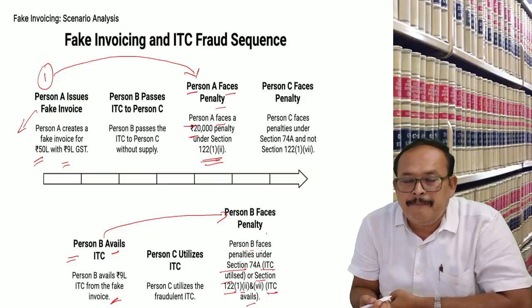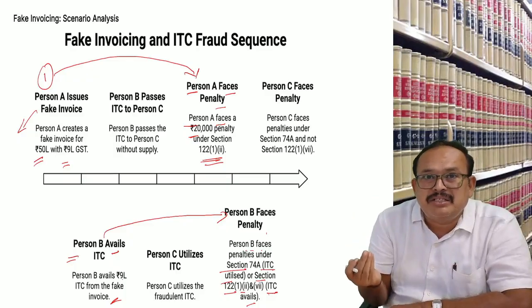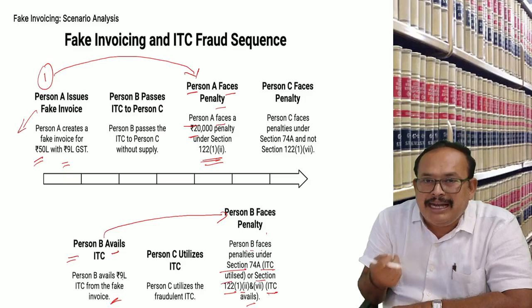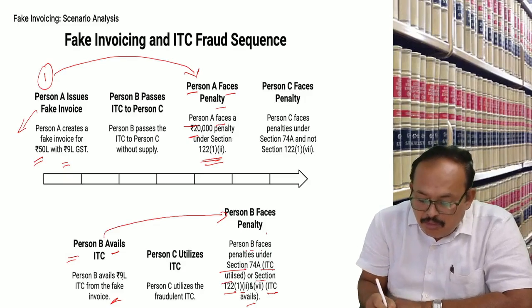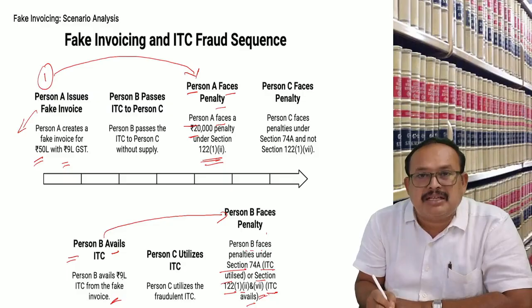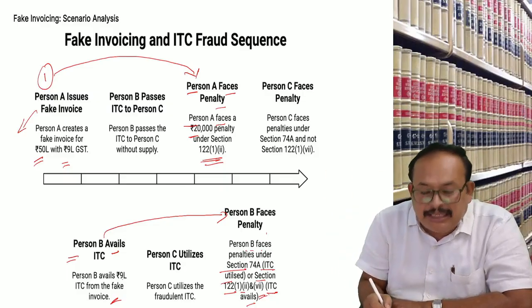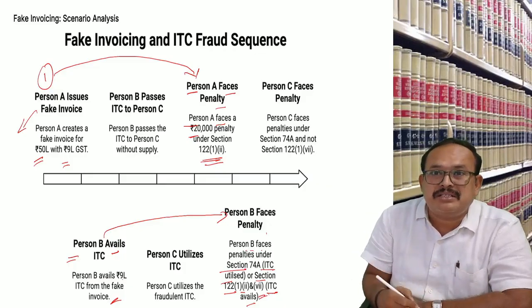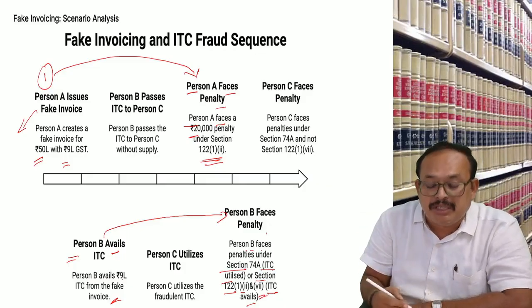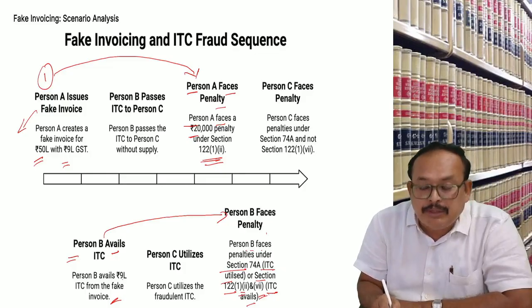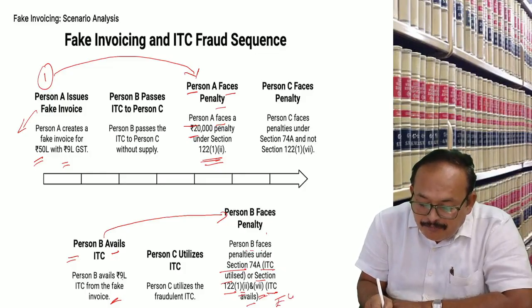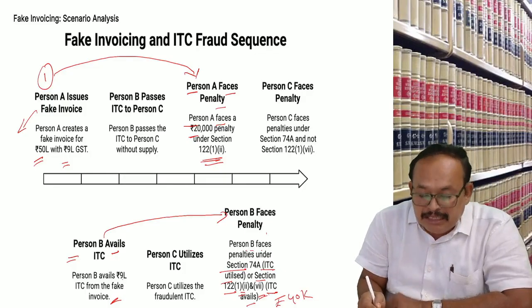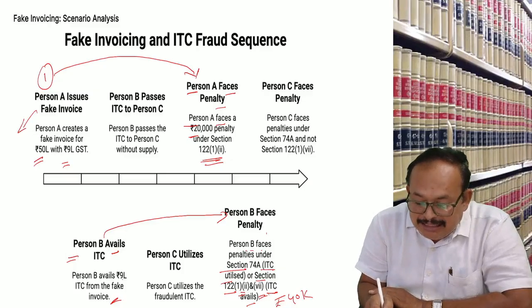Is it clear? And he issues that invoice to somebody else. You get the point? ITC wrongly availed, 122(1) clause 7. Issue of invoice to C. B issues to C. Therefore it is an offense, without supply of goods. 122(1) clause 2. Maximum how much? 40,000. If 74A comes, it disappears.